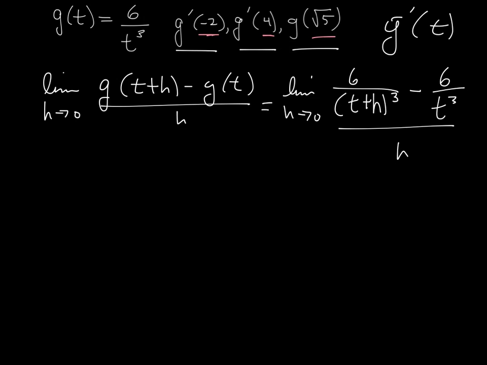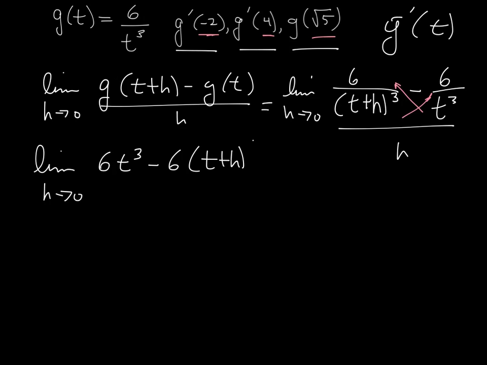Alright, so now I have to find the least common denominator to make one fraction up top. So I'll do that by cross multiplying. So I'm going to get 6t cubed minus 6 times t plus h cubed, all over t plus h cubed, t cubed, all over h.